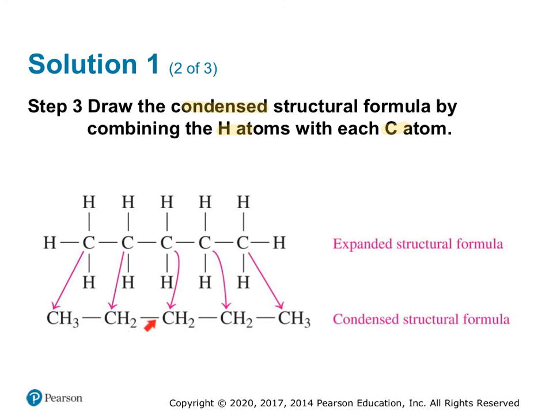Then I draw the bond between the next 2 carbons, and this carbon again has 2 hydrogens. I draw the bond. This 4th carbon has 2 hydrogens. And then the 5th carbon has 1, 2, 3 because it's an end carbon, and it has CH3. So this would be known as the condensed structural formula.